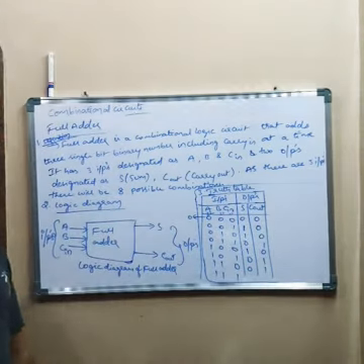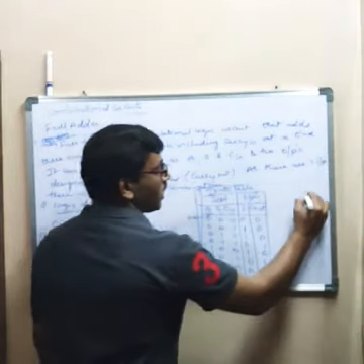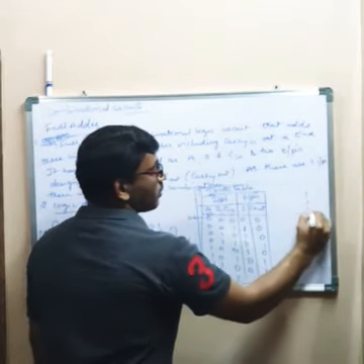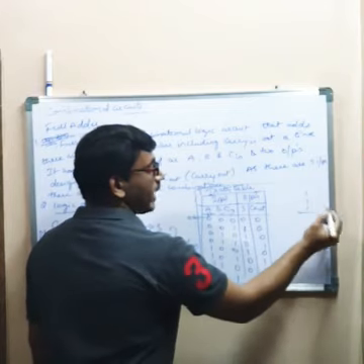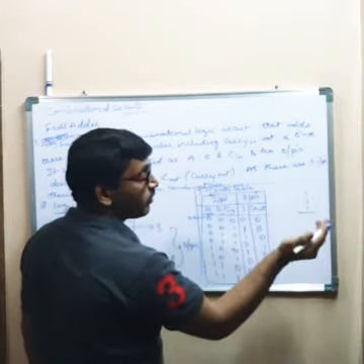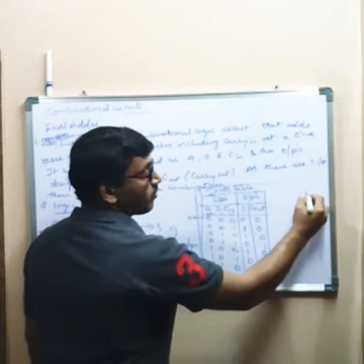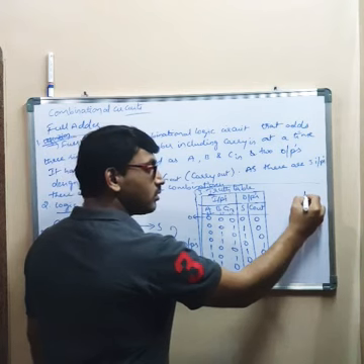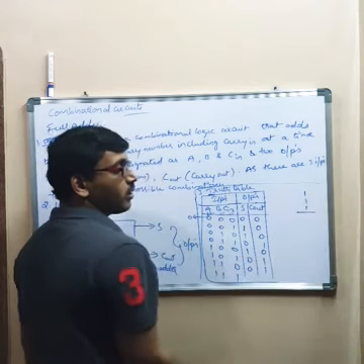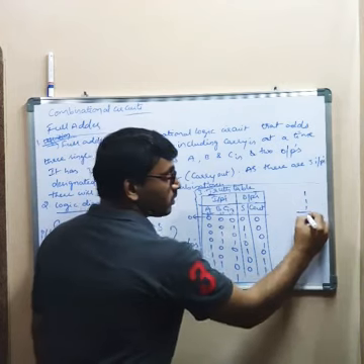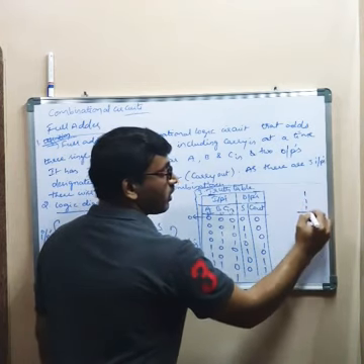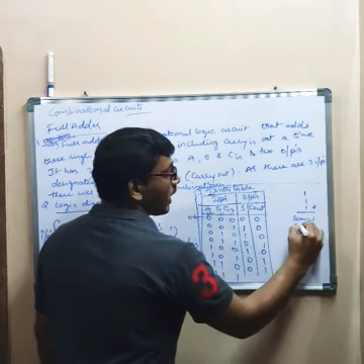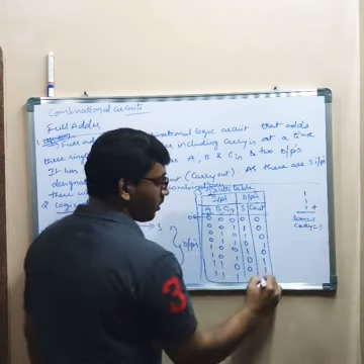Now come to this 1, 1, 1. I am adding 1, 1, 1. So 1 plus 1, sum 0, carry will be 1. Again that carry is added with this bit. 1 plus 1, sum 0, carry 1. So finally, for adding 1 plus 1 plus 1, sum will be 1, carry will be 1.